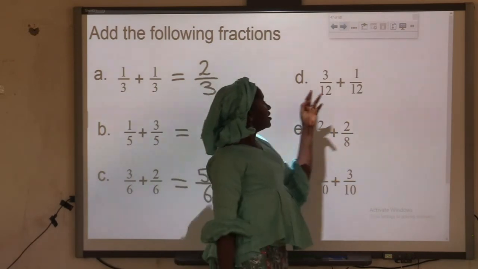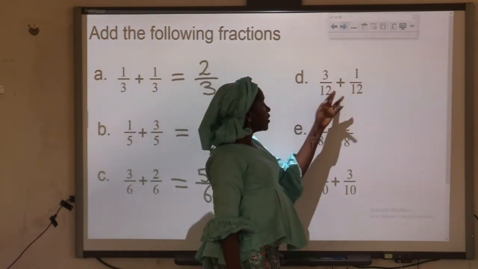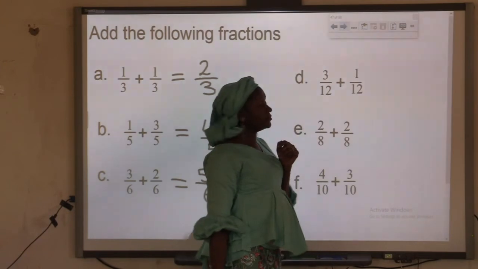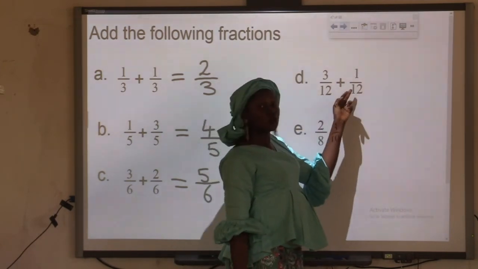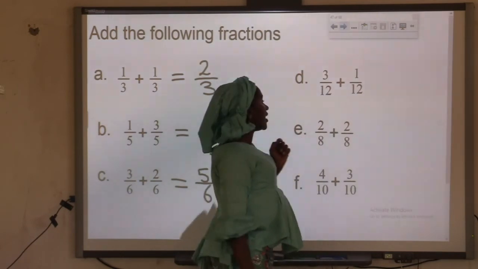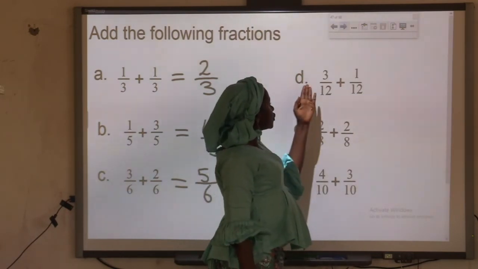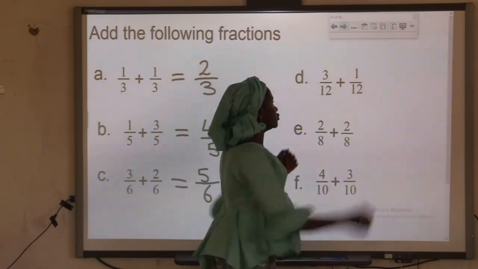Question D, 3/12 plus 1/12. So again, we are to add the numerators.